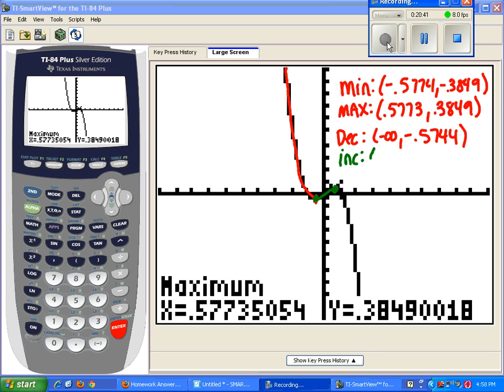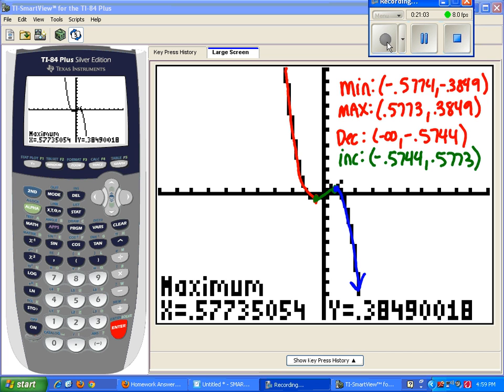So I'm increasing from negative 0.5774 to the x value of my maximum, which is 0.5773.